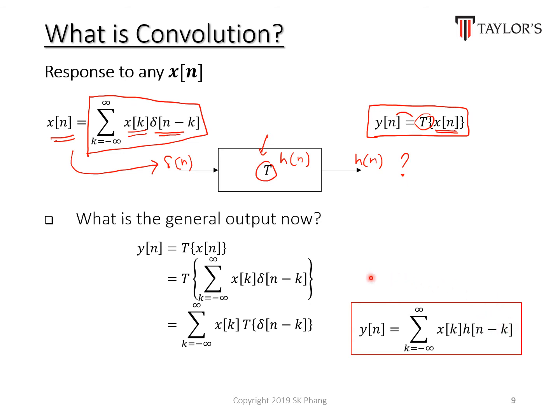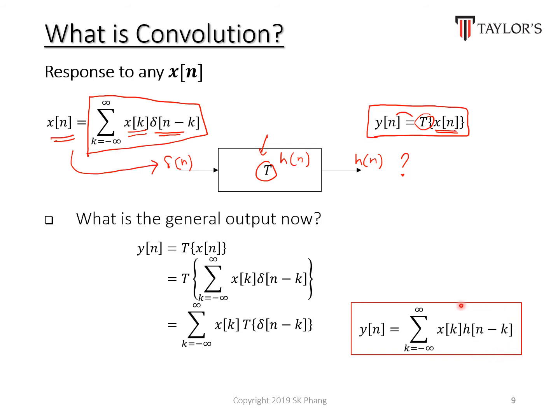So that is where the impulse response becomes very important, because once we get the impulse response of the system, we are able to find out the output of the system given any input by applying this formula.